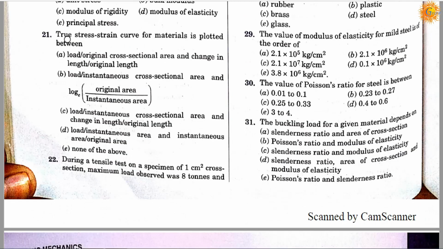Question number 21. True stress strain curve for materials is plotted between: option A, load over original cross sectional area and change in length over original length; option B, load over instantaneous cross sectional area and log of original area upon instantaneous area; option C, load over instantaneous cross sectional area and change in length over original length; option D, load over instantaneous area and instantaneous area over original area; and option E, none of the above.